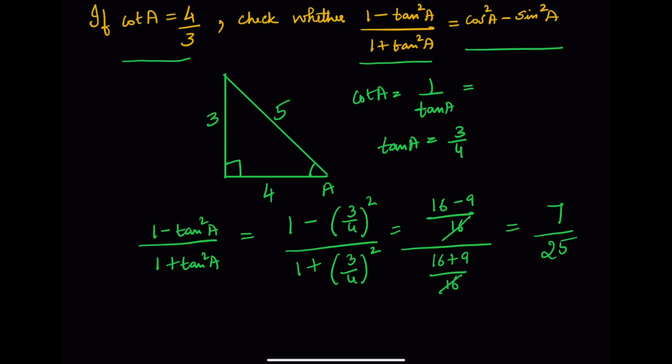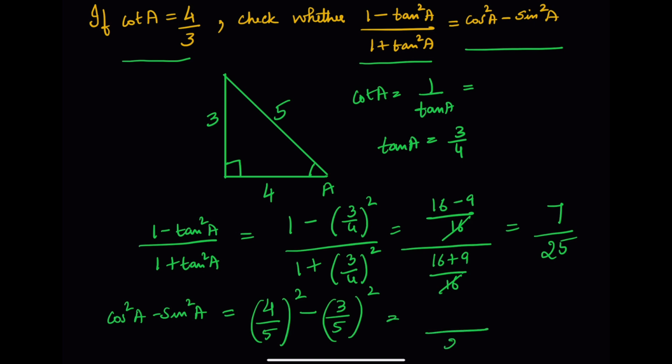Now let's see what the value of cos square A minus sine square A would be. What is cos A? Adjacent by hypotenuse, so that would be 4 by 5 the whole square, minus sine A. Sine A is opposite by hypotenuse, so that would be 3 by 5 the whole square.